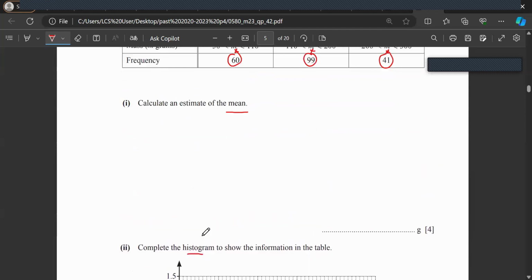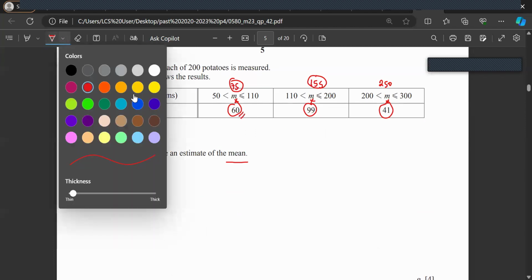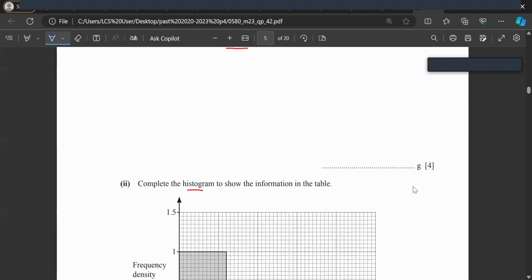Okay, go up here. For the histogram, what should I do? I am going to divide the frequency by the difference between them. So 60 divided by 100 minus 50.